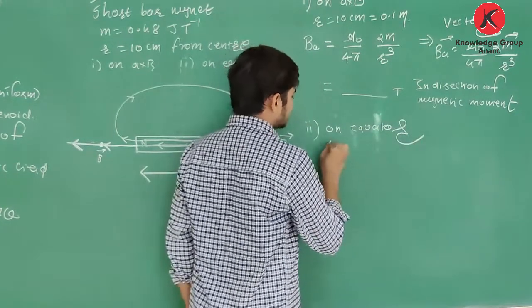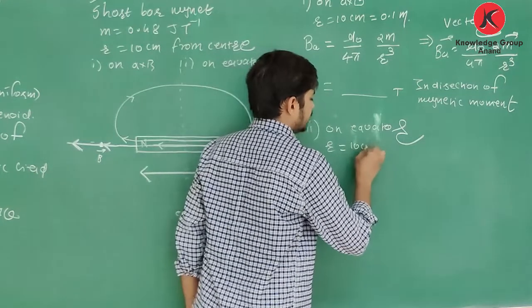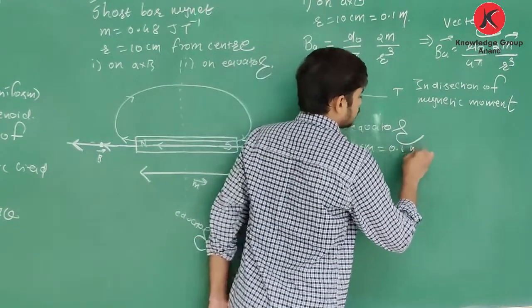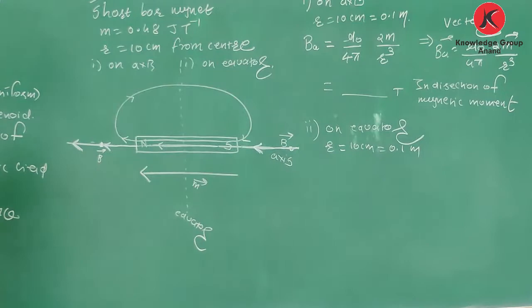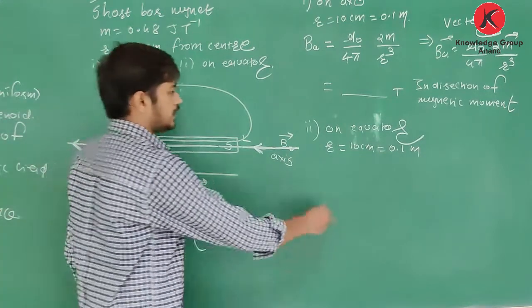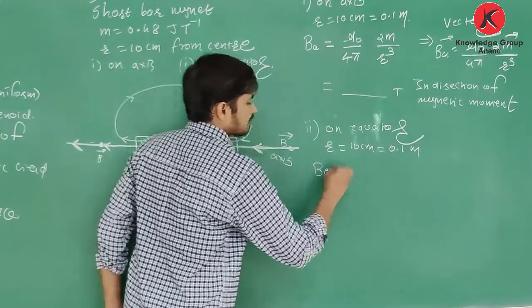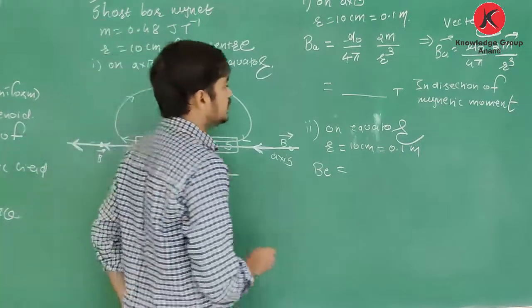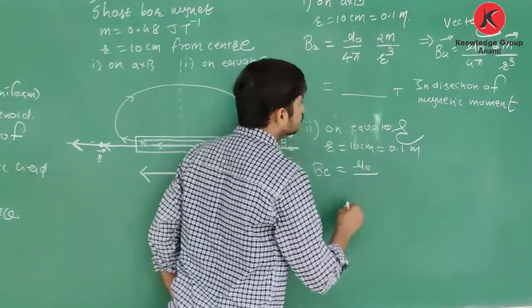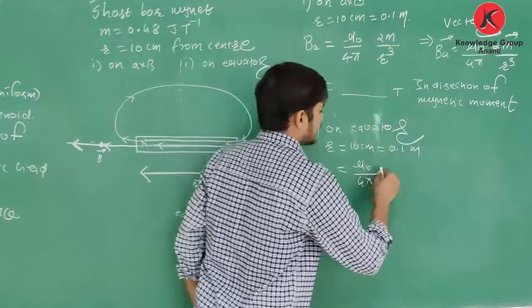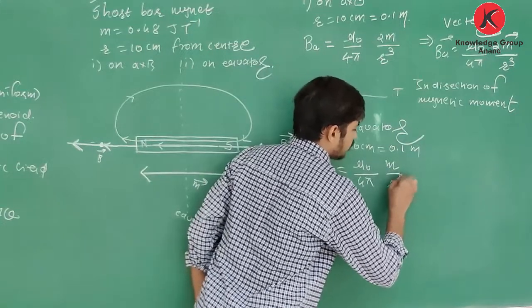Okay. Now on axis, then on equator. On equator, again at the same distance, r is equal to 10 centimeter from the center, that is 0.1 meter. What is the equation for equator? You know it. BE, the magnetic field on equator, is equal to mu 0 upon 4 pi, m upon r cube.